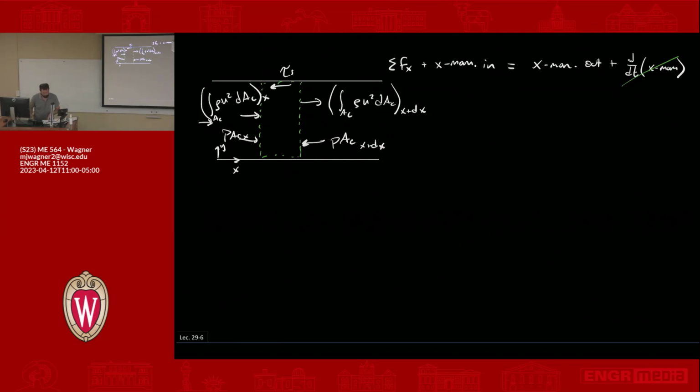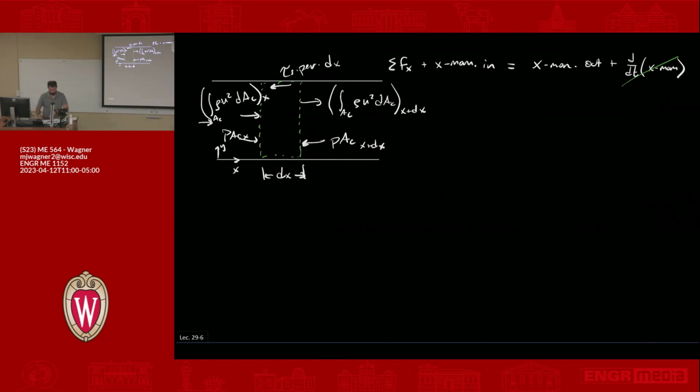So tau s times the perimeter times, we're looking for the full area, dx. Tau s perimeter dx. This distance here, dx. Okay, so that's our control volume.